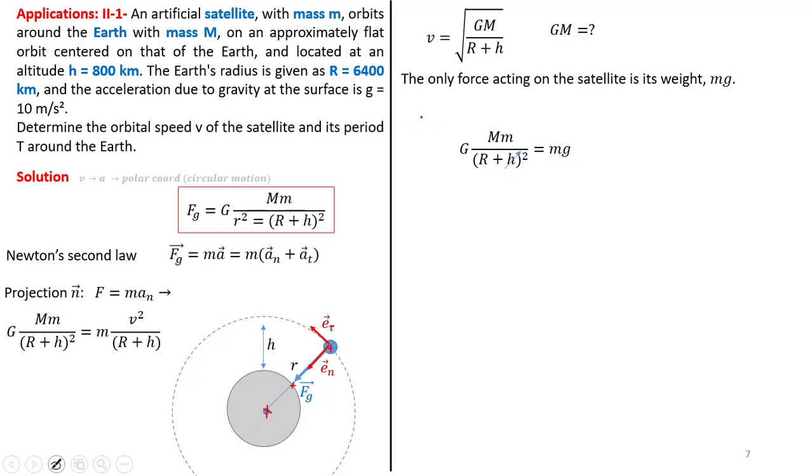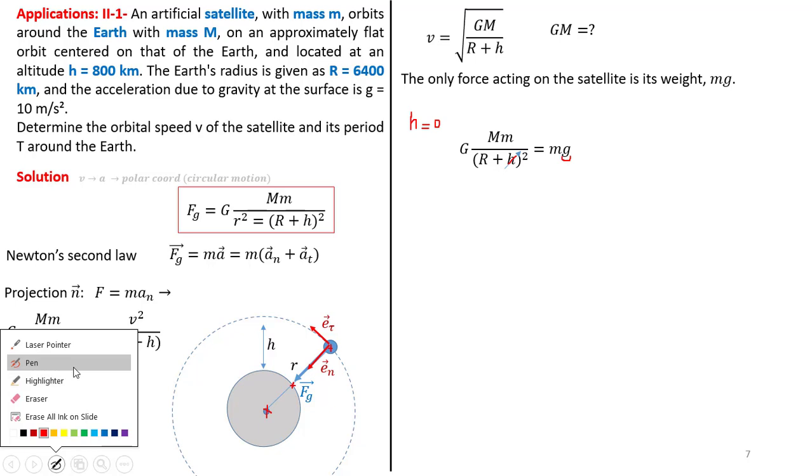So for h equals 0, the altitude equal 0, we have g at h equals 0. We know g at h equals 0 is equal to 10 meters per second squared. It's in the given.